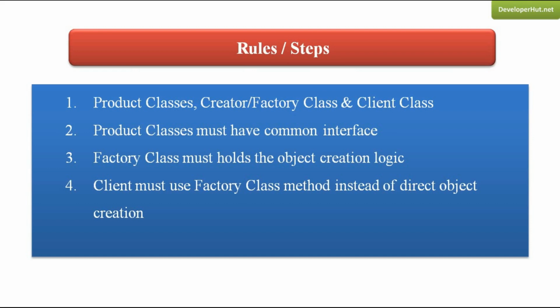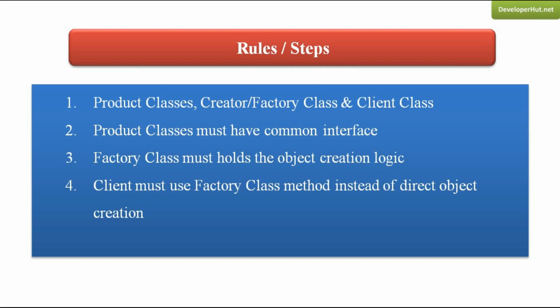So now let's see what are the rules or steps to create the factory design pattern. First, you must have the product classes, then you must have the creator or factory class, and lastly you must have the client class which uses your product by using the factory class methods, of course. Then your product classes must have one common interface.